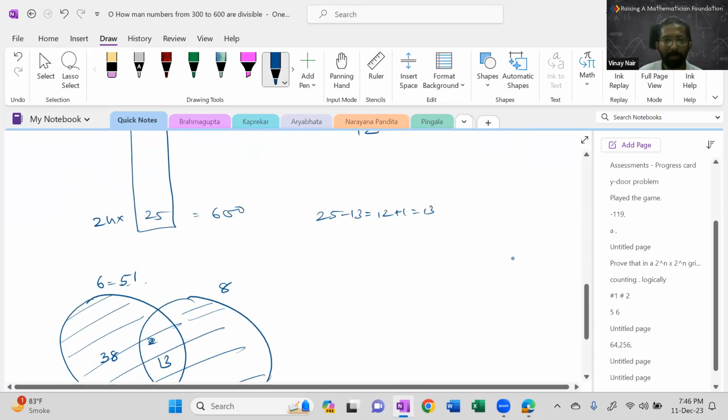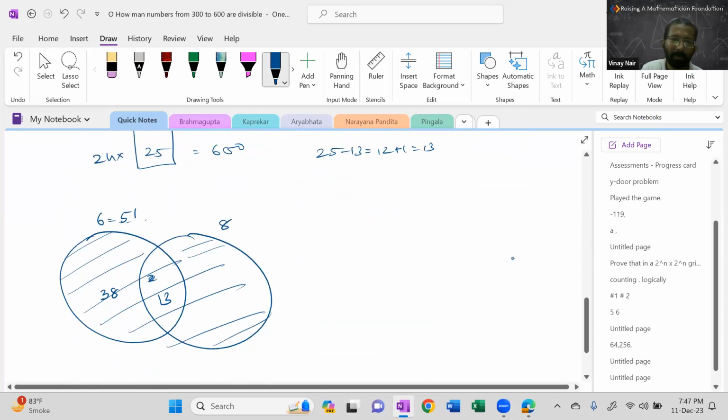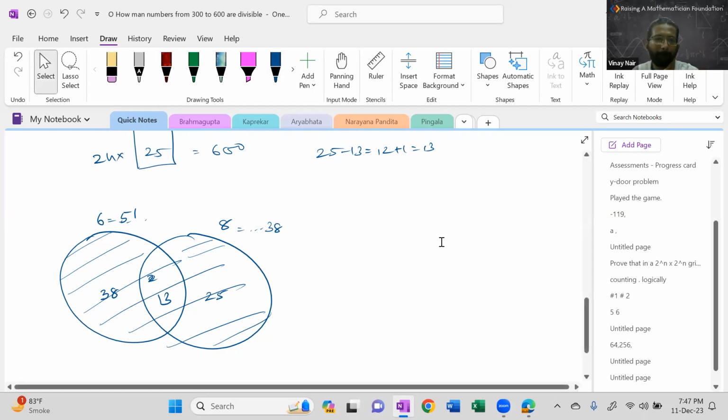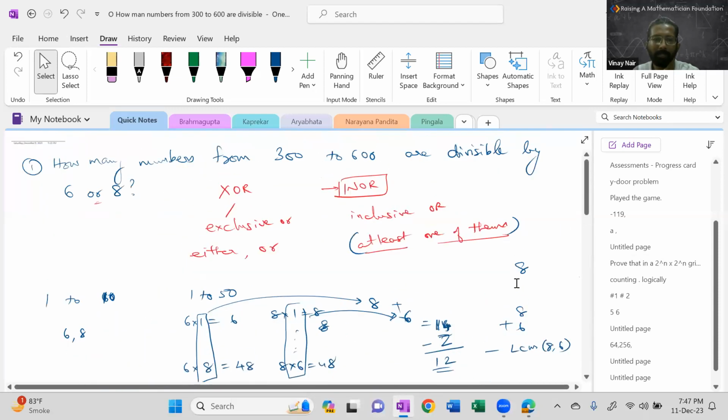And then you have 38 on the other side, which means 25. So this gives you 38. This is how it will look. Is everybody okay?